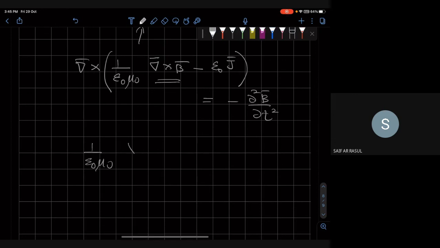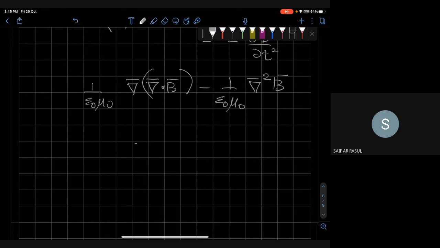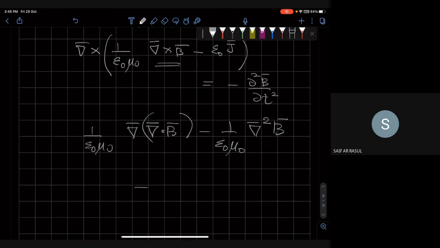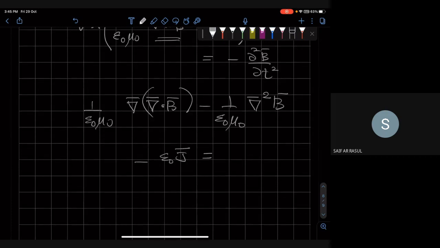One of the terms will be the gradient of the divergence of B, and the other term would be the Laplacian of B. Okay. And then I will get the source term, and on the right-hand side, I have minus del squared B del t squared.